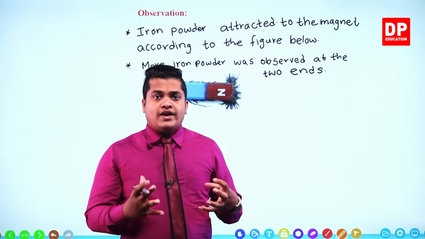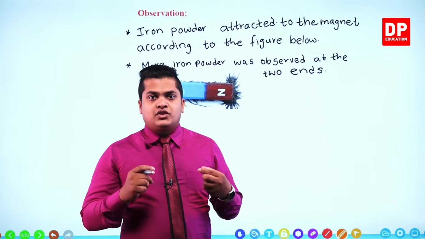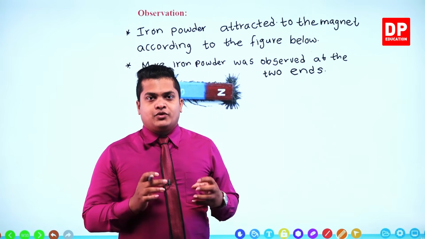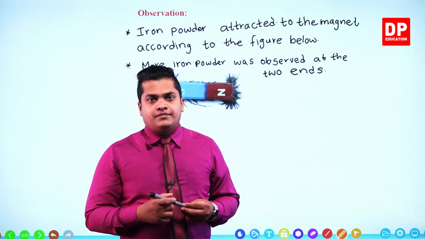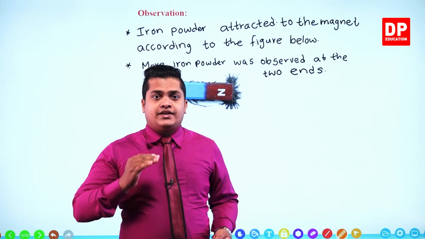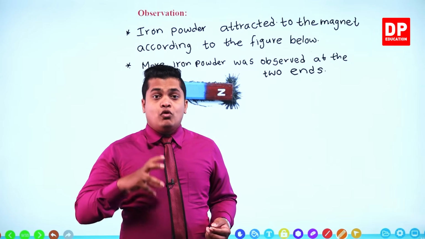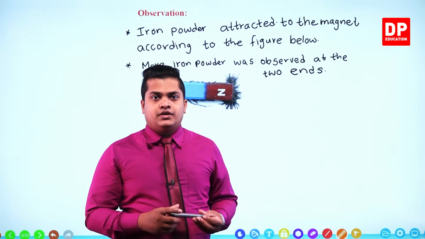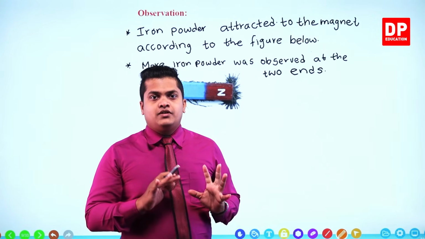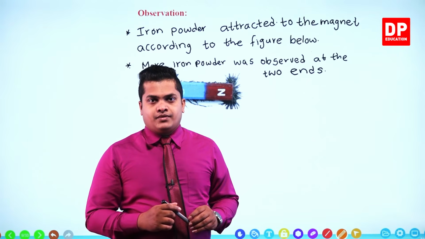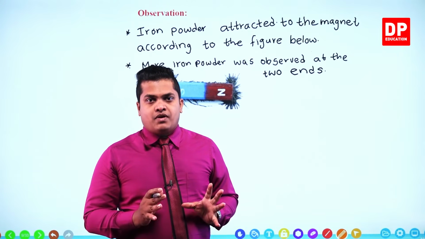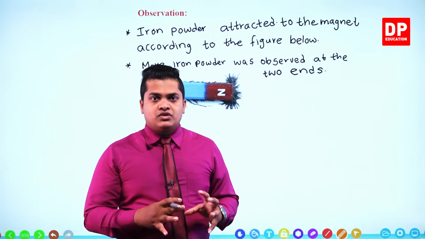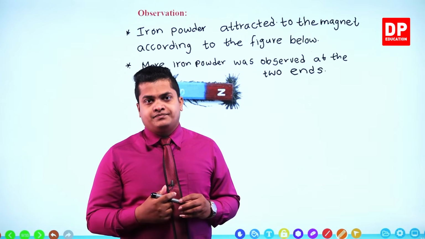We can observe more magnetic power at the two ends of a bar magnet, right? At the two ends of the bar magnet, we can observe the most magnetic power, or the most magnetism.